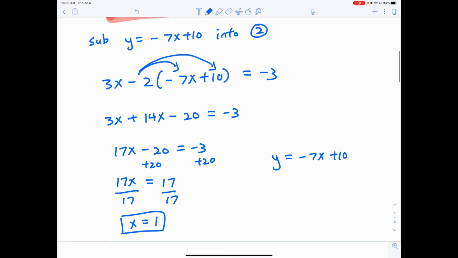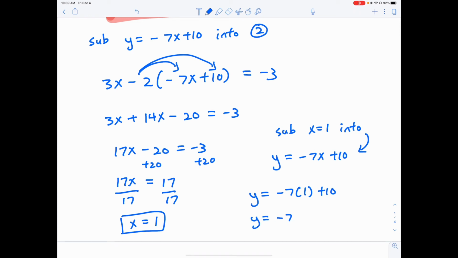So we're going to basically sub x equal to 1 into here. When we do that, we'll directly get the answer of y is equal to negative 7 times 1 plus 10. So y is equal to negative 7 plus 10, which means that y is equal to positive 3.